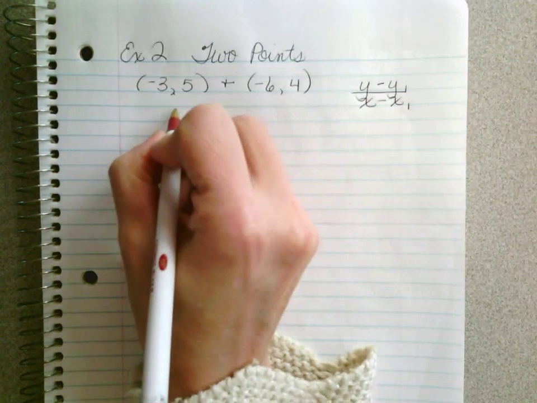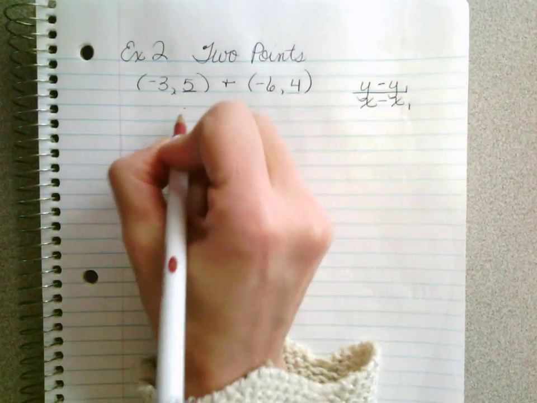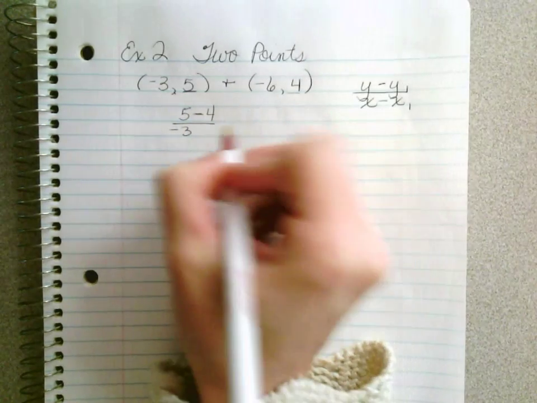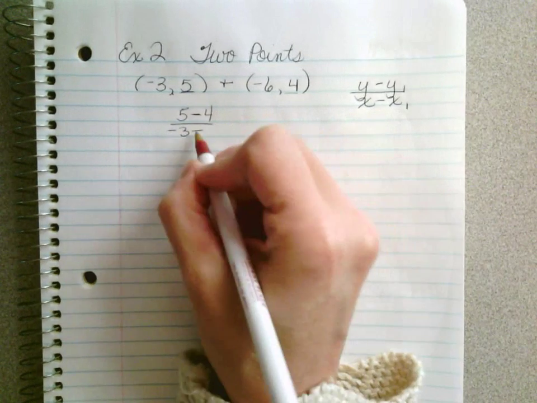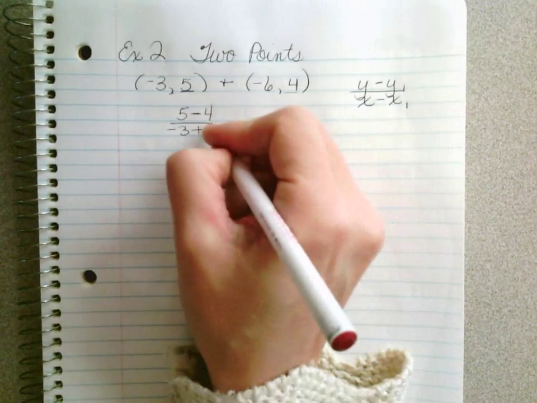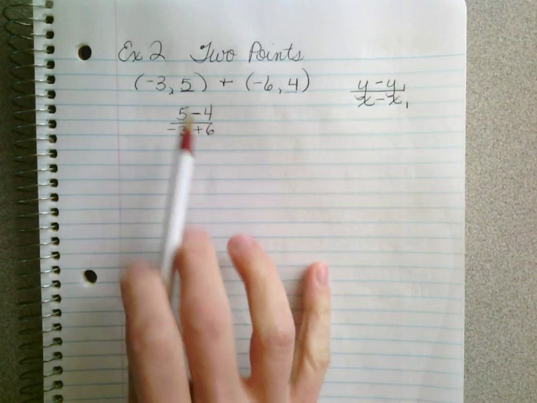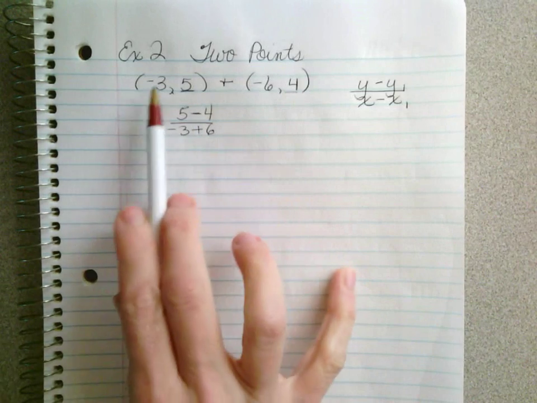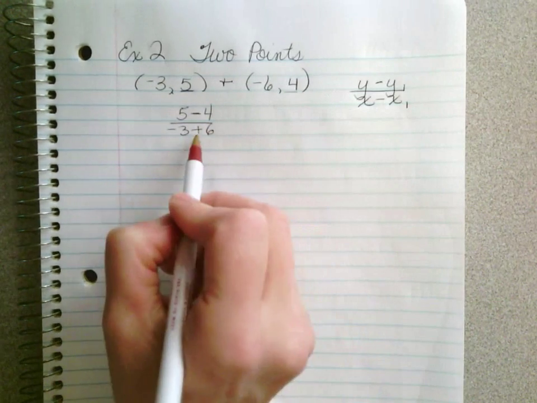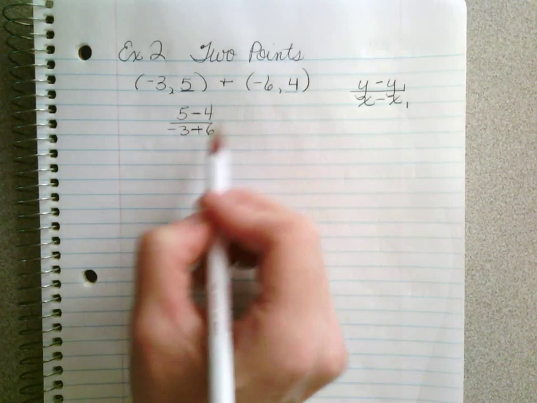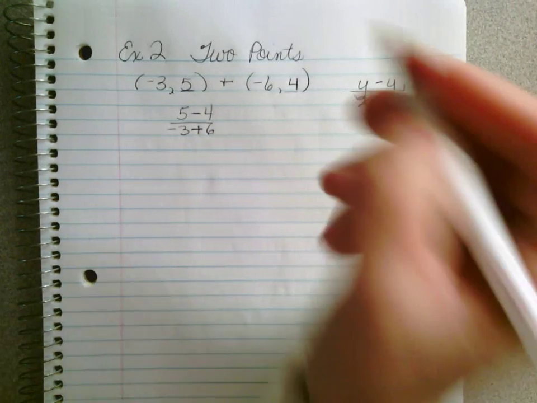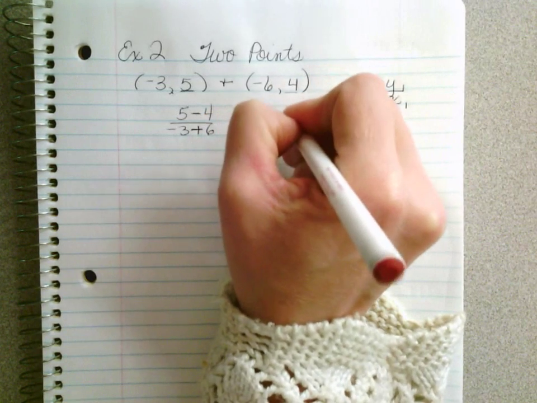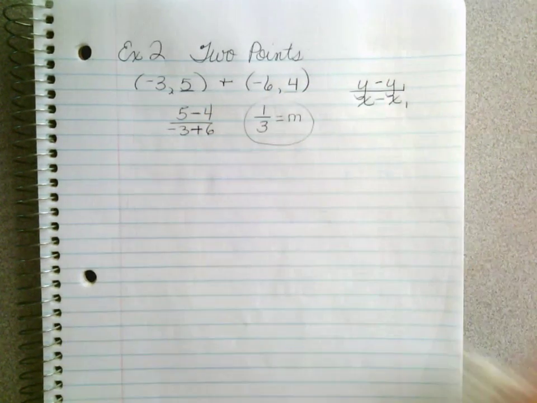And I'm going to go 5 minus 4 over -3 minus -6. Be very careful about that. Okay? 5 minus 4, -3 minus a -6, which means you add. 1/3 is your slope. Okay?